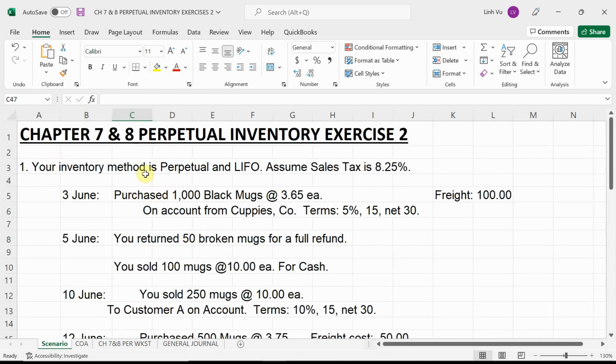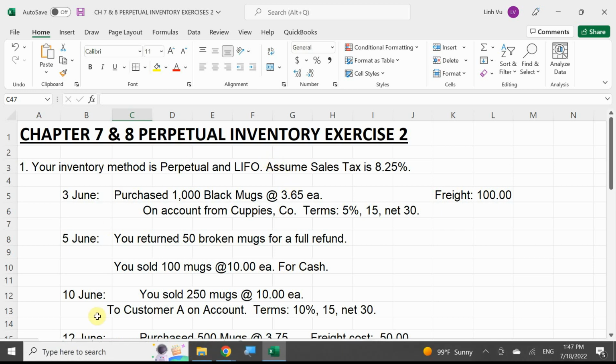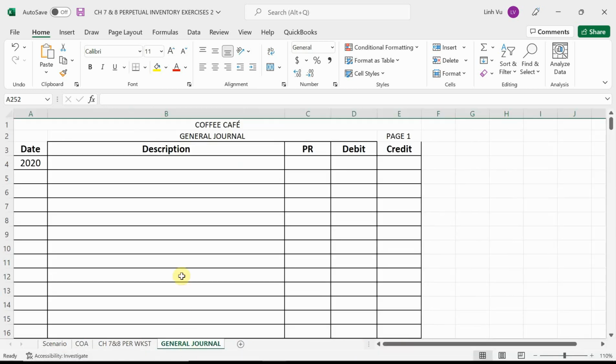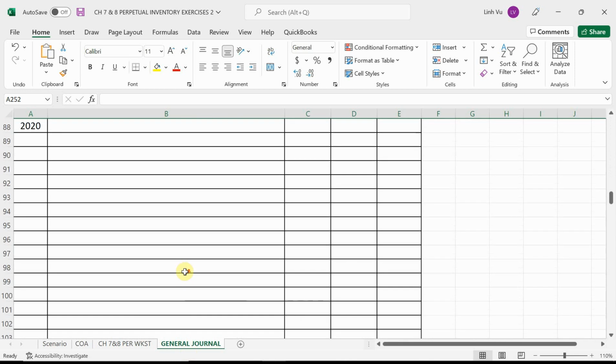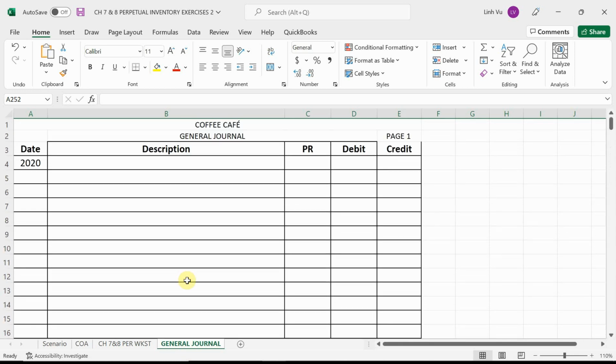Your inventory method is perpetual, and it is LIFO, last in, first out. Assume that sales tax is 8.25%. I also have the journals for you to practice journalizing, because that is part of chapter 7.